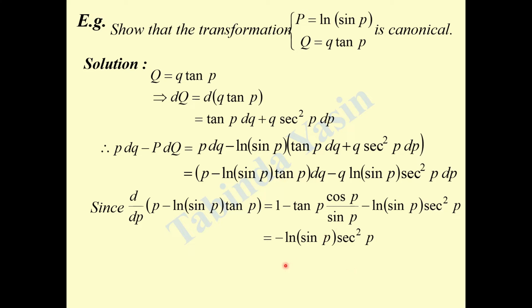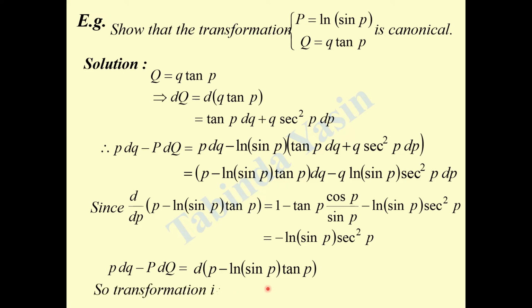From that we get log of sin p into secant square p, and then p dq minus P dQ is equal to d of (p minus log of sin p tan p). So the transformation is canonical. That shows that the transformation is canonical.